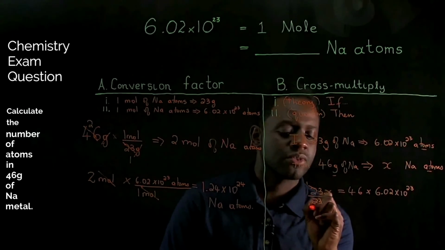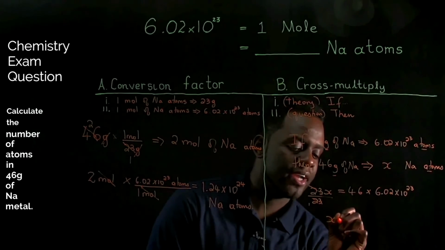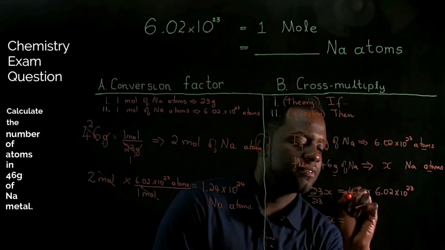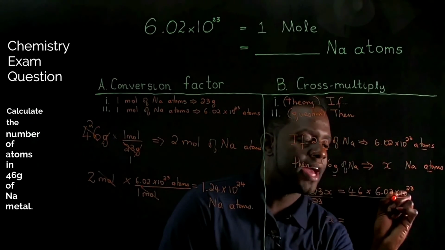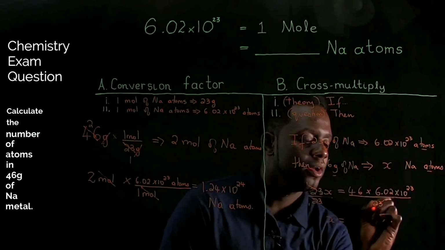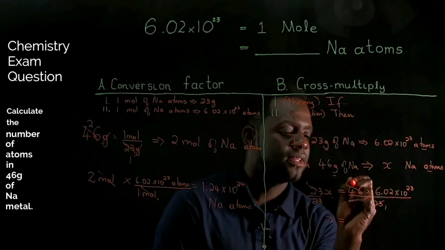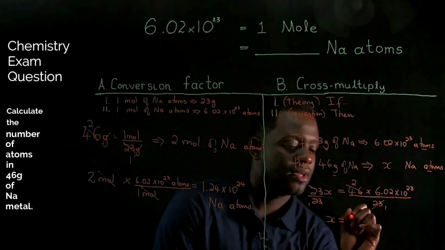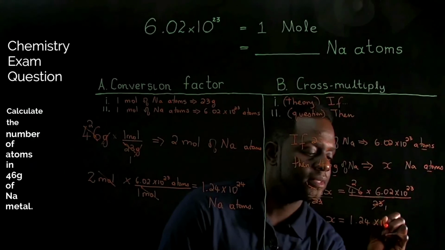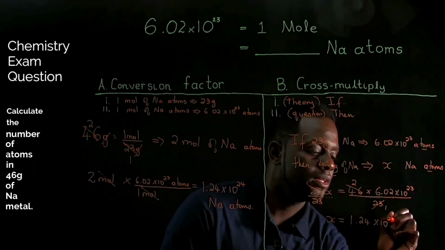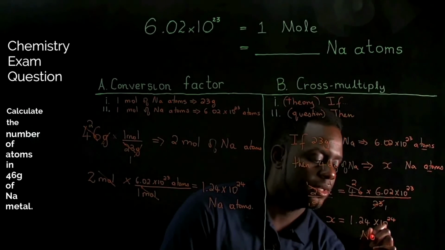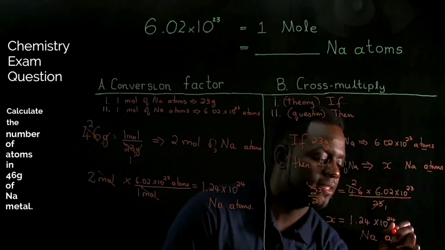So those go away there. So we are left with x on the left hand side. On the right hand side, we have that product divided by 23. We can do some cancelling there, and we end up with 1.24 times 10 to the 24th power sodium atoms.